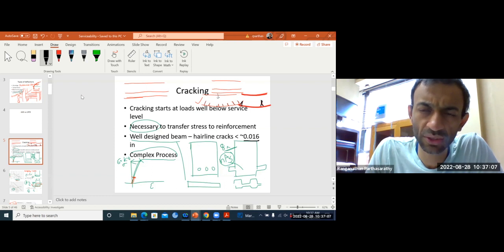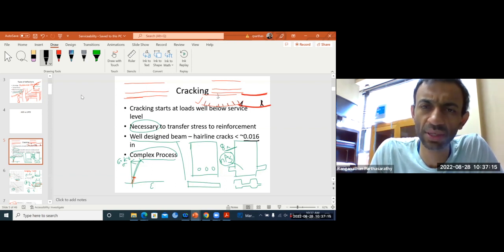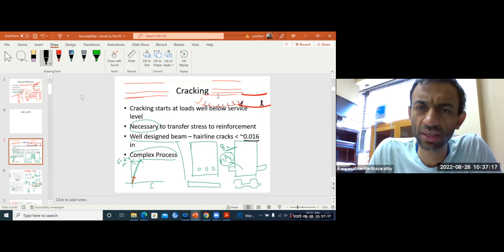We cannot do an exact analysis to calculate crack widths. It is quite a complex process, because once cracks open along one section, they will immediately start somewhere else.